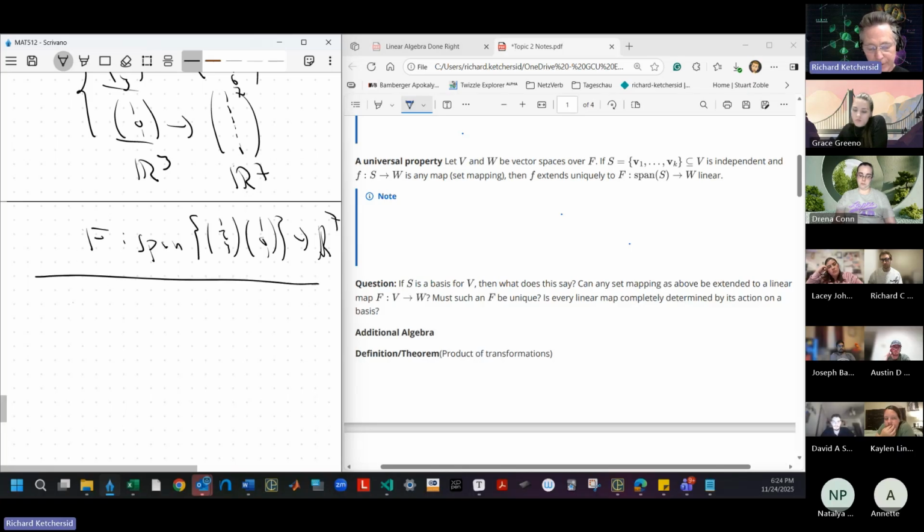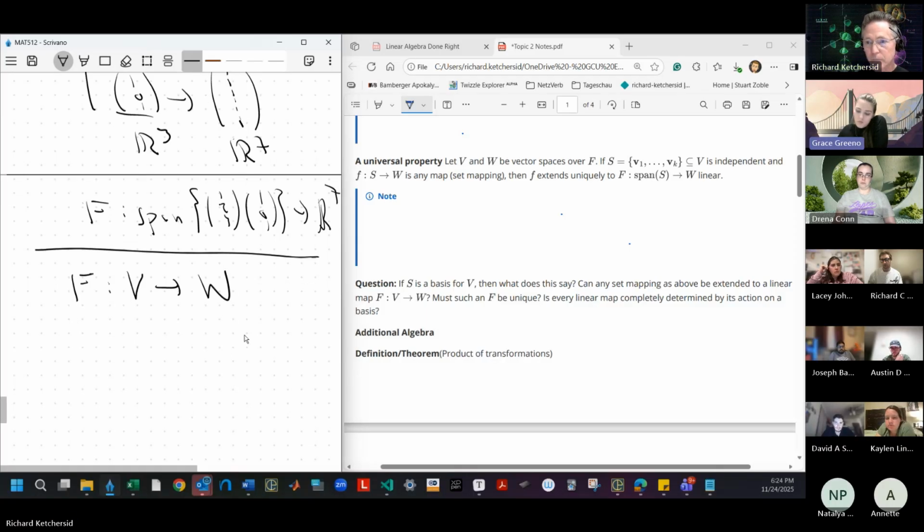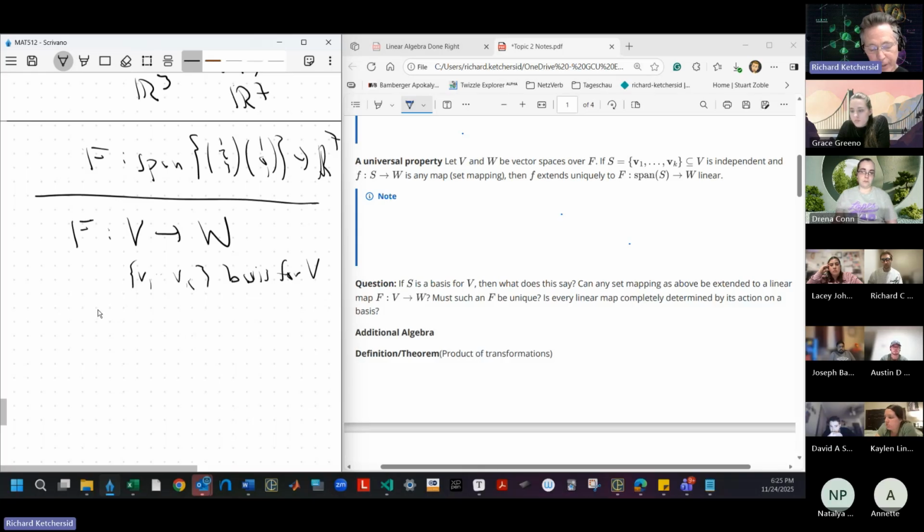I have some linear map going from V, which is finite dimensional, to W. I take any basis at all, v1 through vk, a basis for V. I define little f of vi to be just f of vi, that linear map right there.